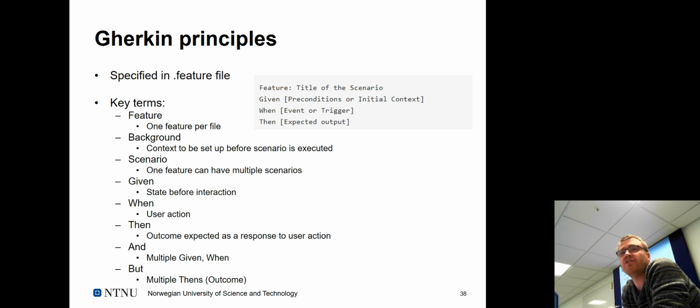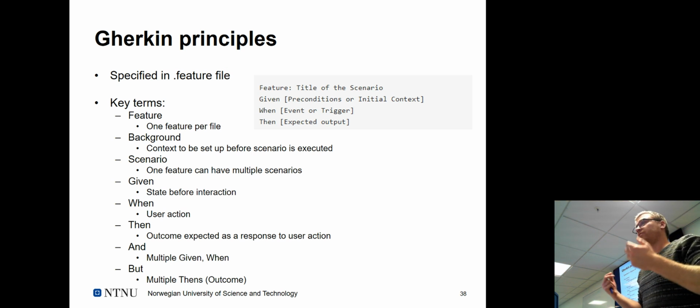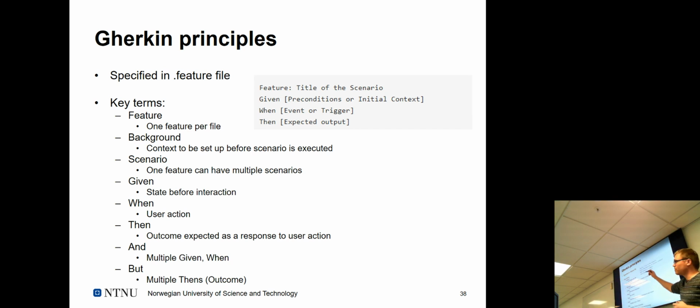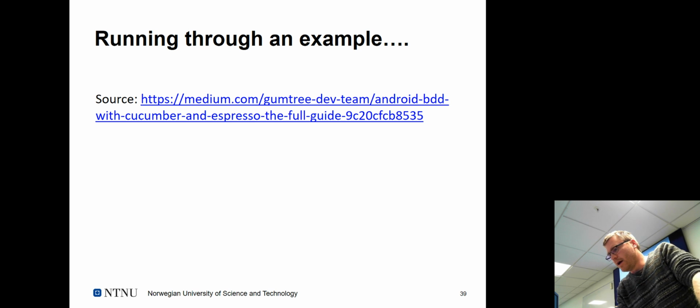So you use the same feature from different perspectives, think use cases, perhaps. And then you have the given, when, then, and so on. You can combine different conditions within those statement levels. For example, you can have multiple preconditions, multiple events or triggers that need to co-occur for the test to trigger, and also multiple outcomes that you can specify. So those are some of the ideas there.